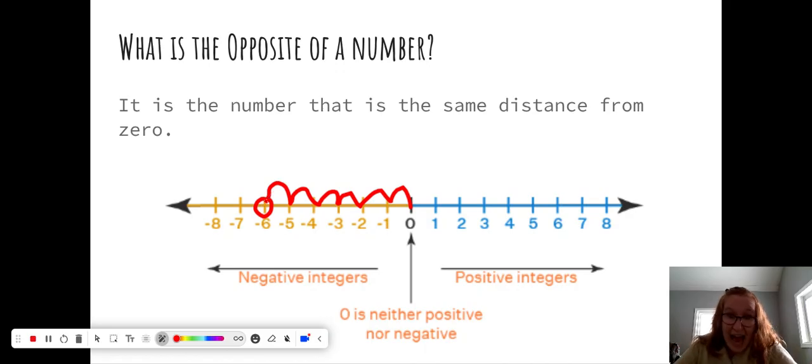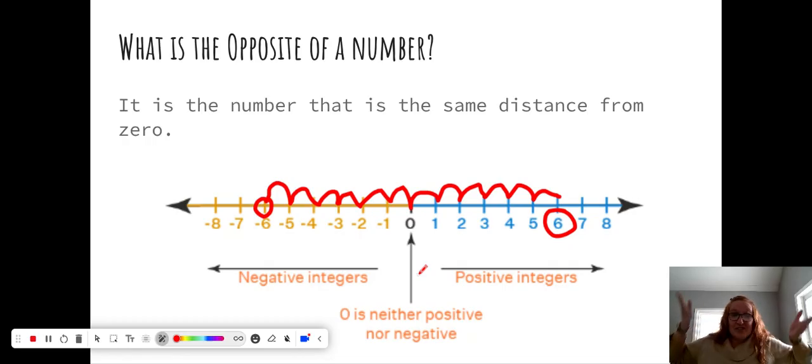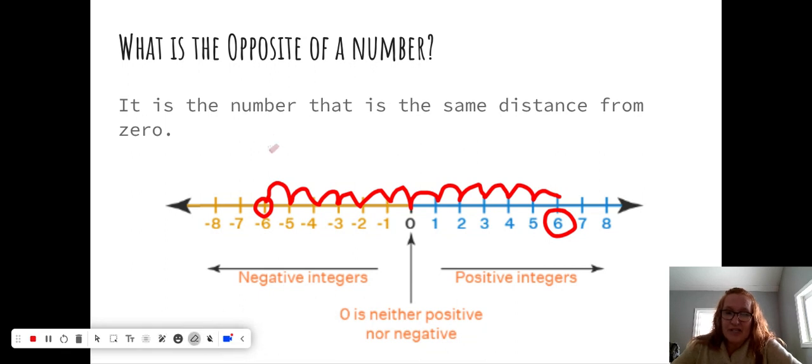So if I said, what is the opposite of -6? It would be going in the opposite direction. 1, 2, 3, 4, 5, 6. And the opposite of -6 would be +6. So if you were to take the number line, fold it in half, those numbers would match up.